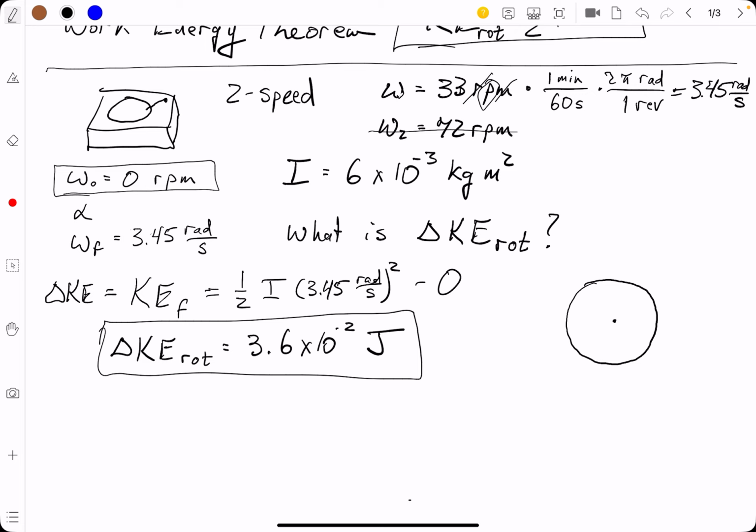We start our rotation here. This is the point that we're going to watch. And the acceleration happens as it goes from this angle all the way around to this angle. That's the only time it's going to have an acceleration.